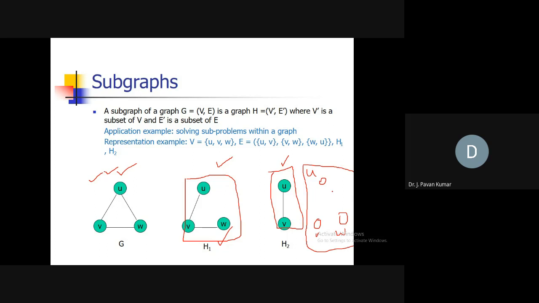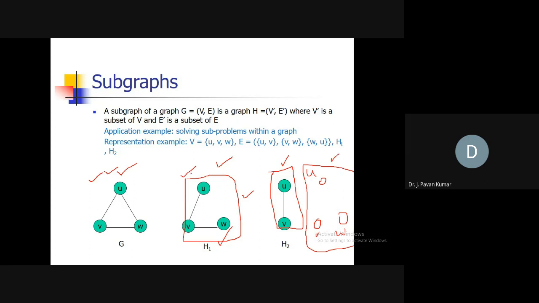Yes. Why? Because the vertex set is U, V, W, which is a subset of this vertex set. Next, the edge set is empty, whereas the edge set here is U comma V and V comma W. The empty set is a subset of any set. So we can consider the edge set is also a subset of this edge set. So we can consider this particular graph as a subgraph of this H1.